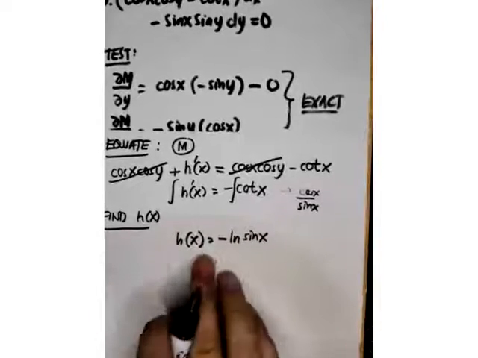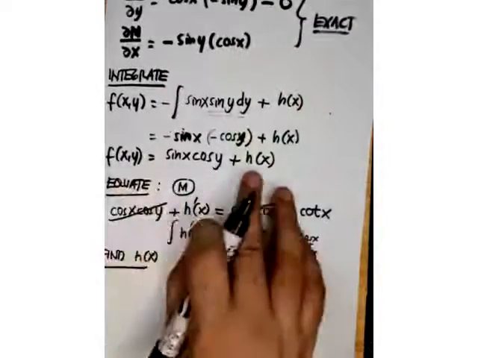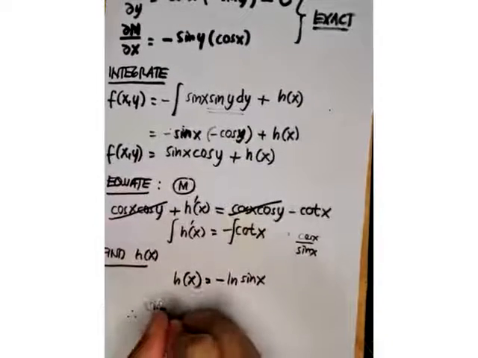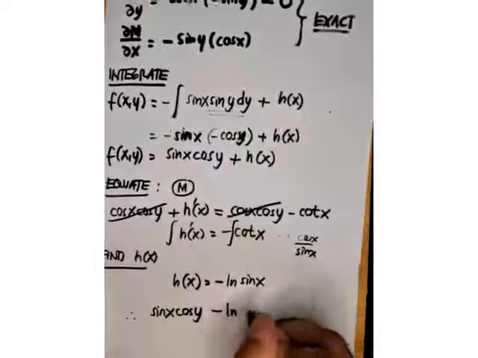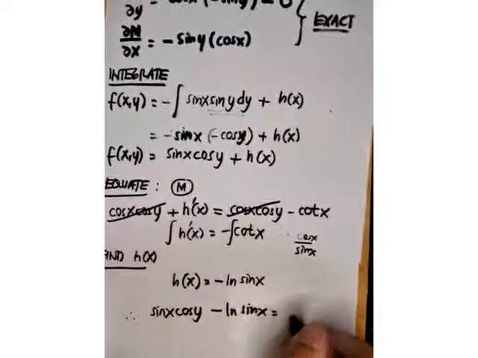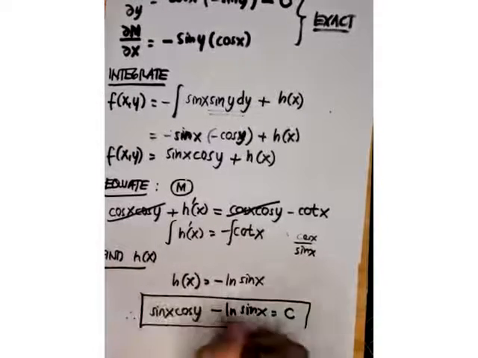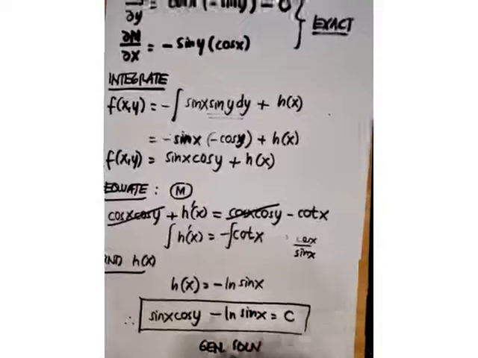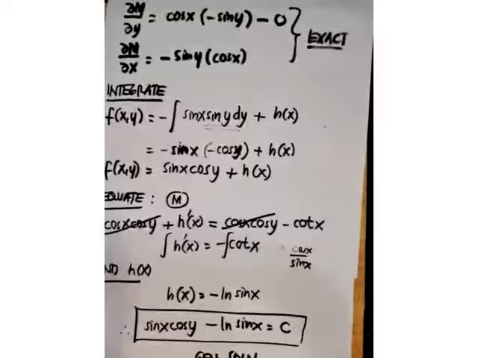Pag nakuha na natin yung h of x, babalik tayo dun sa f of x dito. Isa-substitute lang natin siya doon. So, therefore, our final answer is sin x cosine y minus ln of sin x is equal to c. So, this is our general solution.